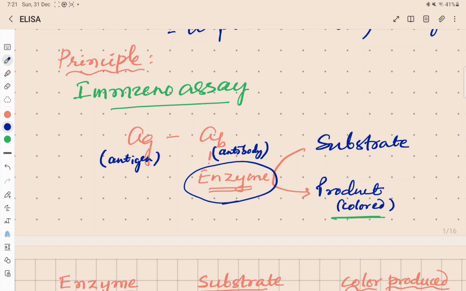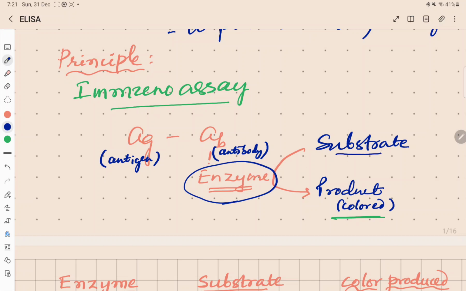Suppose the sample contains antigen, then we can use one antibody specific to that antigen. Suppose the sample contains antibody, then we can use antigen specific to that antibody. We link the enzyme with the antibody, and that enzyme has a substrate.